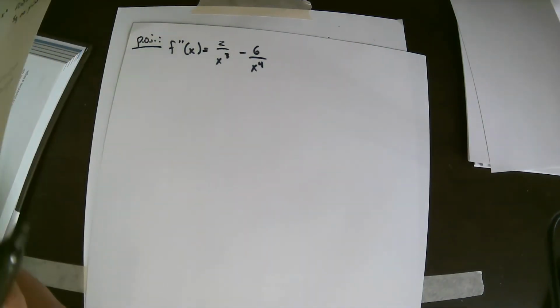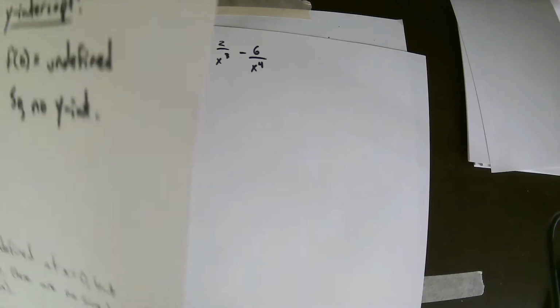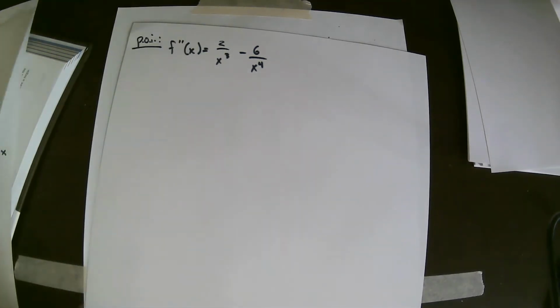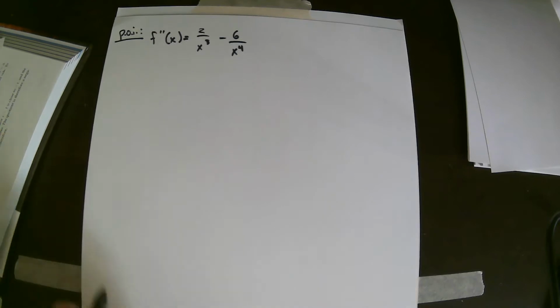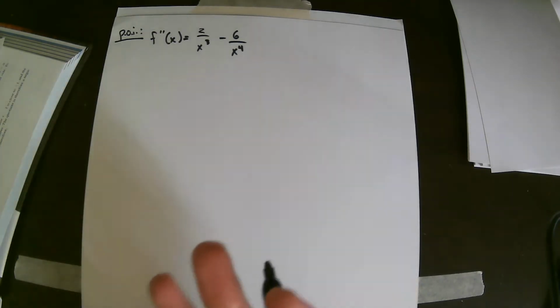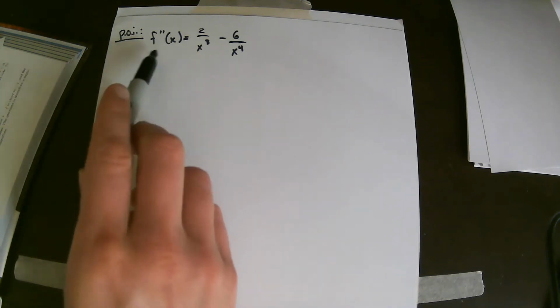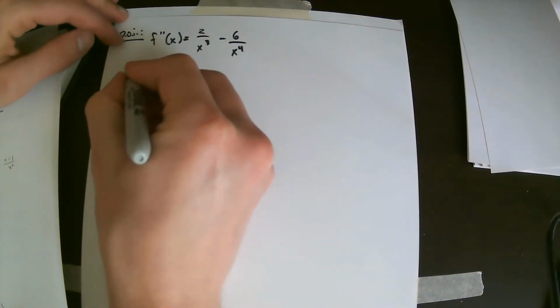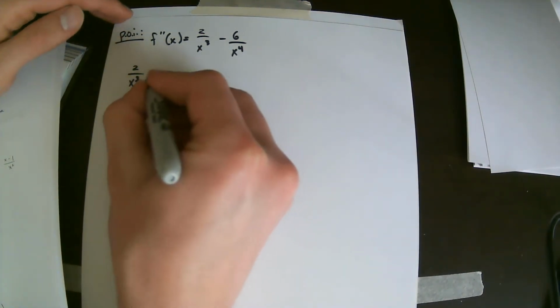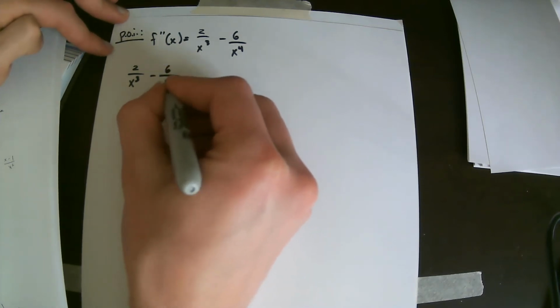I need to set this equal to 0 and solve for x. I also need to ask where it is undefined, but the same thing's going to happen that happened with the first derivative. This thing is undefined at 0, but so is the original function, so there are no singular points for f double prime of x. So let's just set this equal to 0 and see if we get some points of inflection.